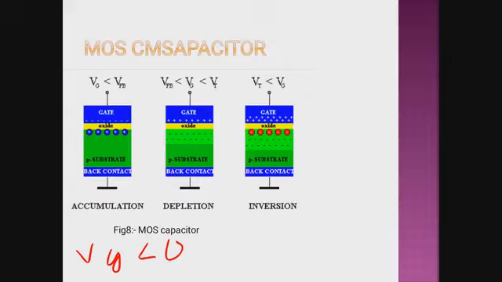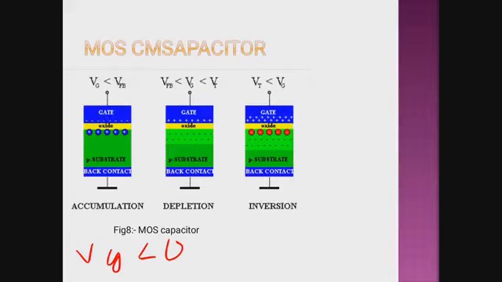So what will happen when Vg is less than 0? That means the gate terminal is negative. Holes are attracted towards the silicon dioxide layer, but they don't move across to the gate terminal because the SiO2 layer is an insulating layer.